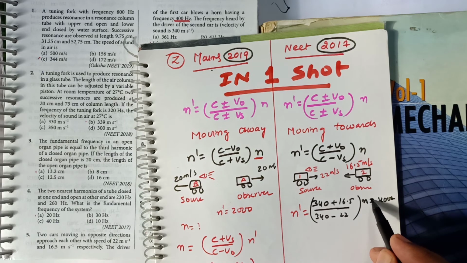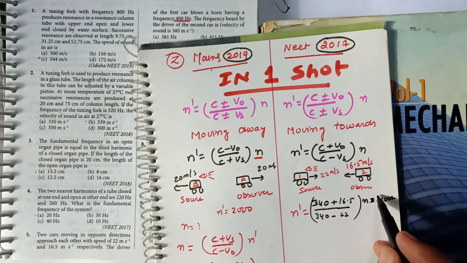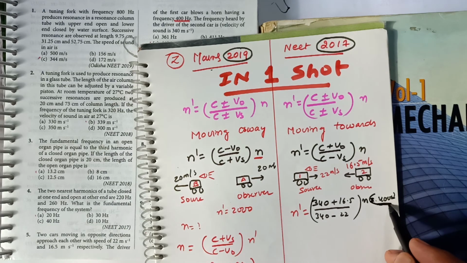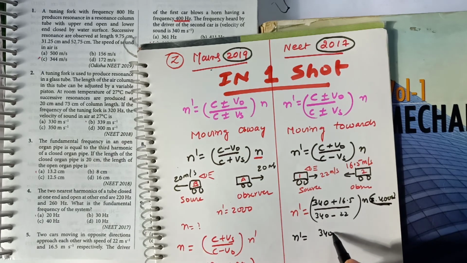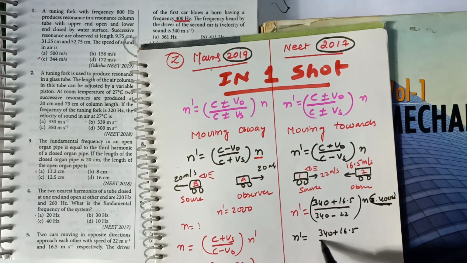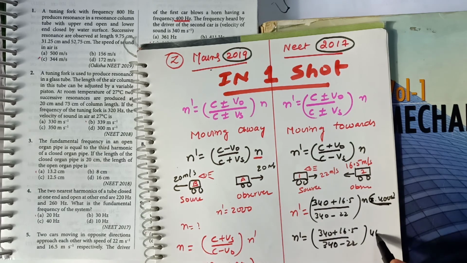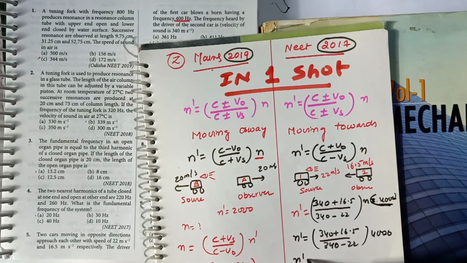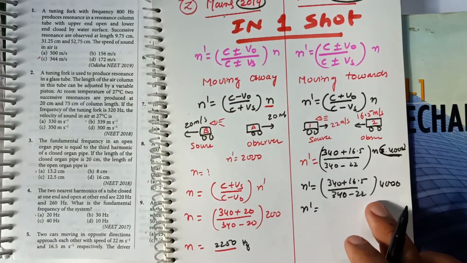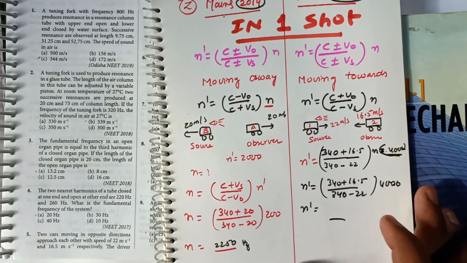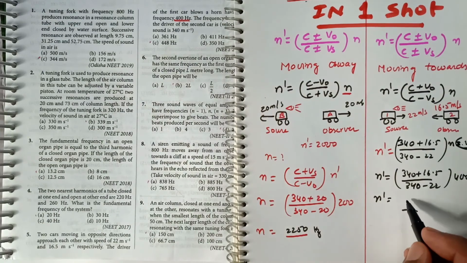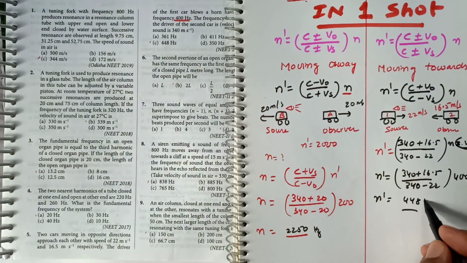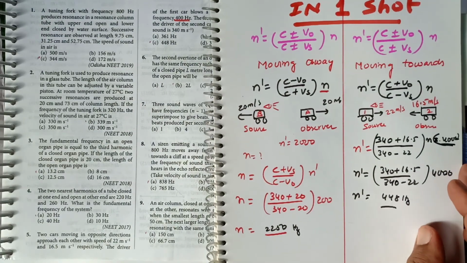Okay, so this is the actual frequency here, and the actual frequency is given as 400 Hz. Just write n dash is equal to (340 plus 16.5) divided by (340 minus 22) into n, which is nothing but 400. Just solve this problem here and get the final answer, which is equal to how much? Let us see here. The final answer we are getting is 448 Hz here. Okay, so this is going to be the final answer.